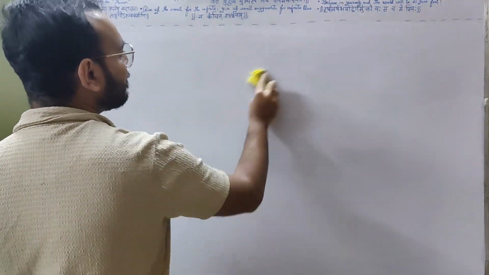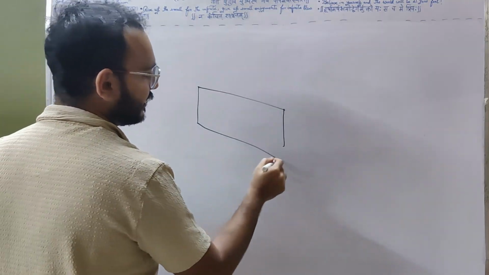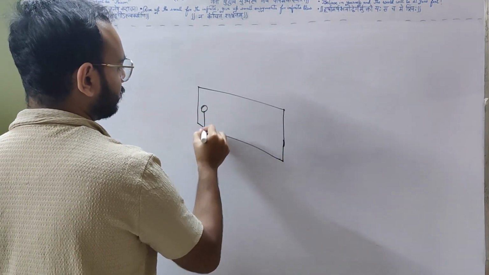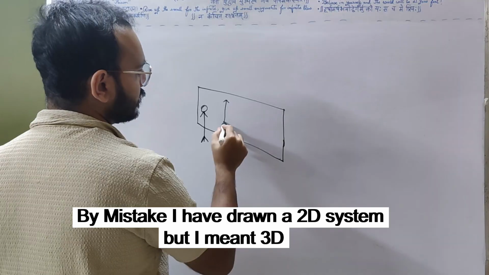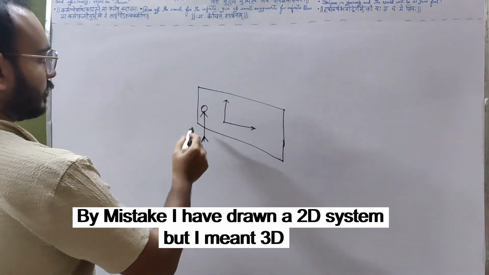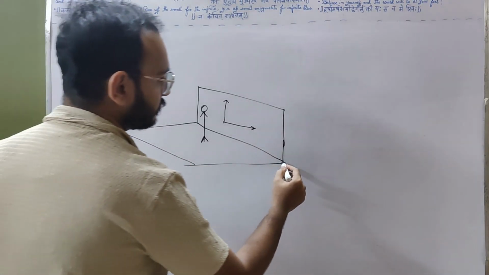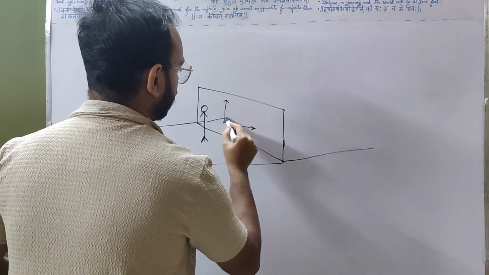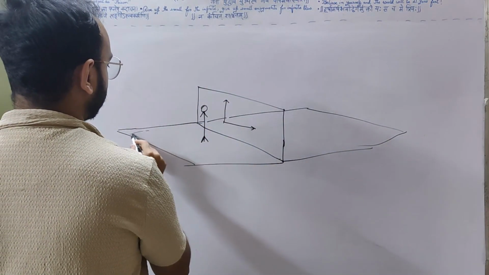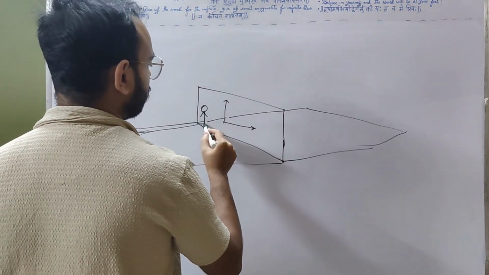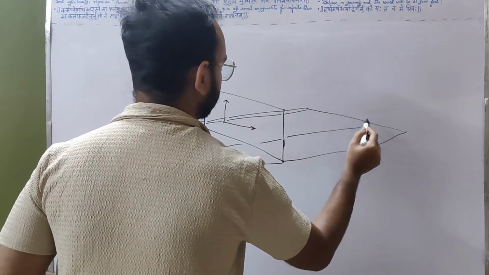Okay. Now, suppose this is the board where I am drawing the 3D system, and here I am, right? I am drawing the 3D system. Now, first of all, this is the floor where I am standing. And suppose the road is like this. The road is going like this. The road is like this.